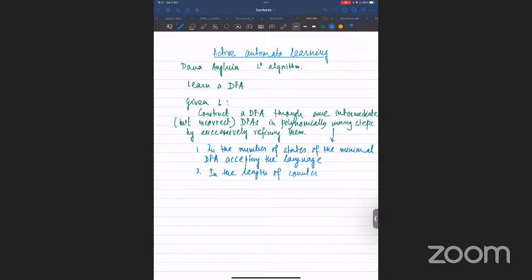I'll say what this counter example is. It will be clear in a couple of minutes.